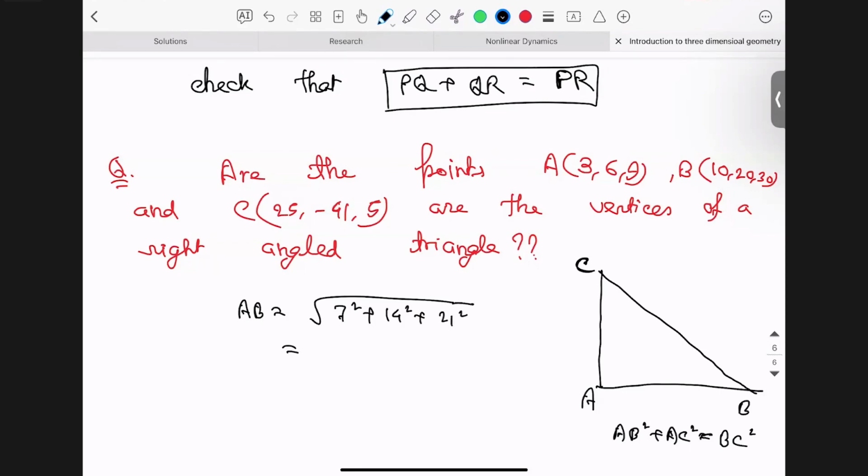So together this will give us 49 plus 196 plus 441. I will keep the square root because I need to square again, so I will not remove the square root here. Better not to do a lot of calculation. How else can we find AB square here?